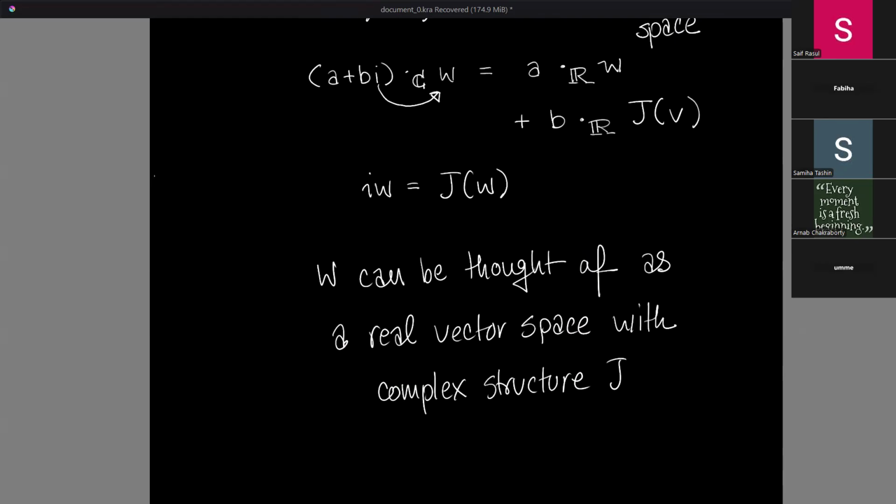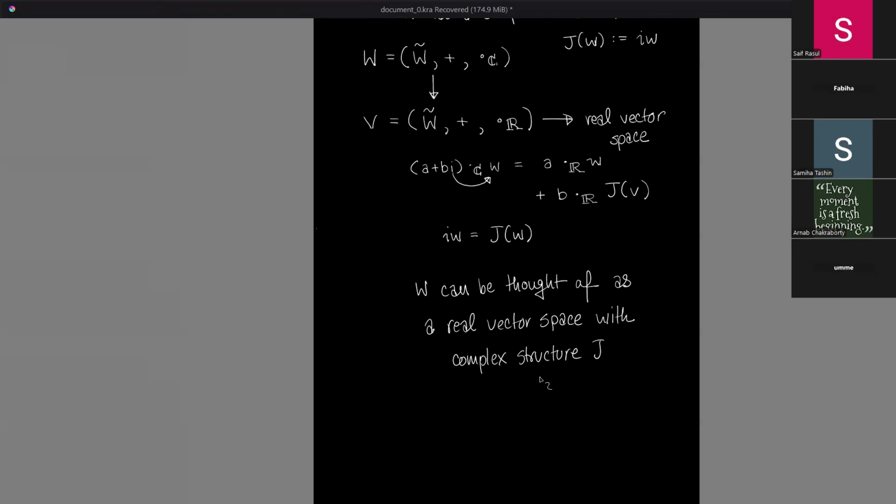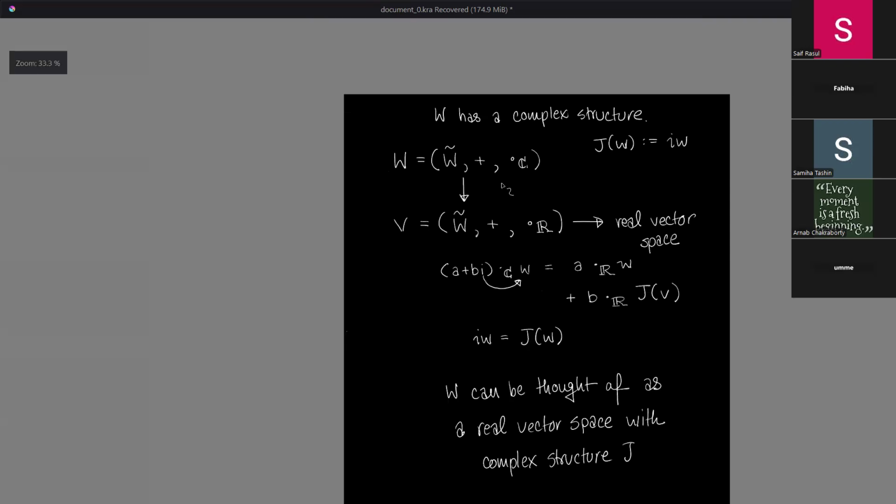You had a question about the dimensions? I was wondering, the dimensions of V and W are not the same. They must have the same real dimensions, but W is n-dimensional. Yeah, if W is an n-dimensional complex vector space, then V should be 2n-dimensional.